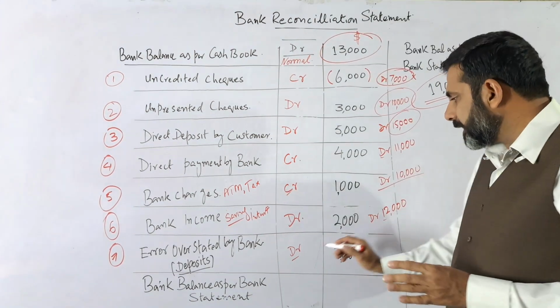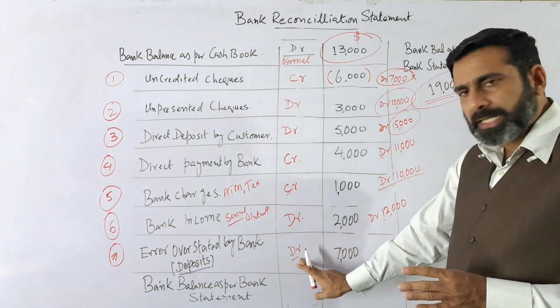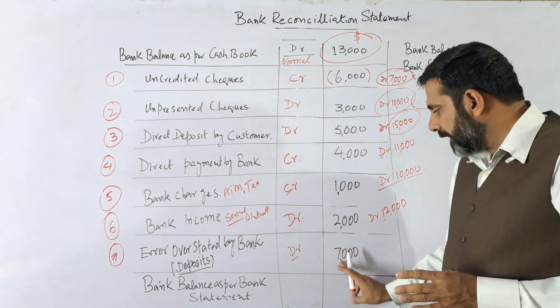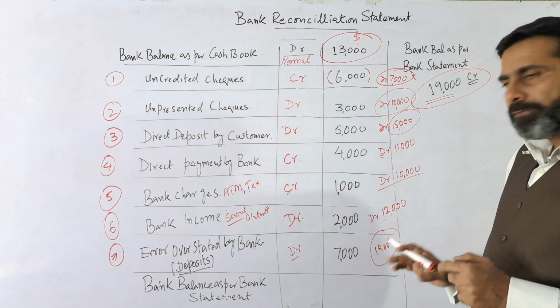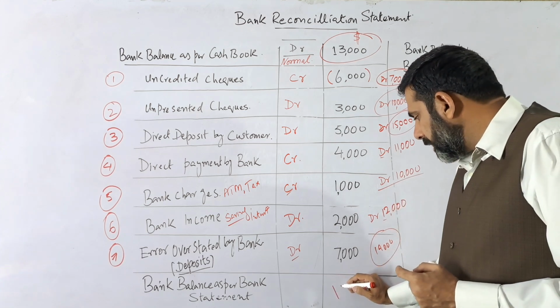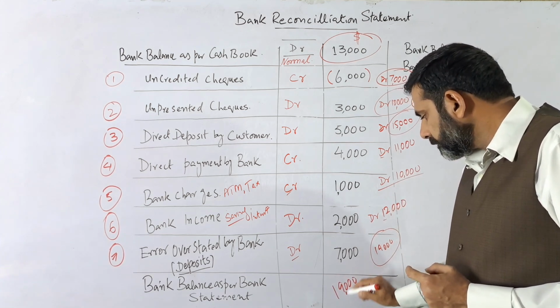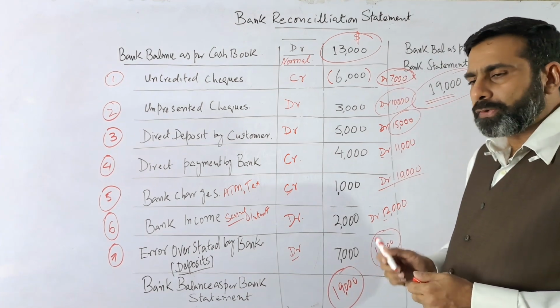So 12,000 is there. So this is debit and this is also debit. So 12 plus 7 will be 19,000. These are the things that we have already calculated.